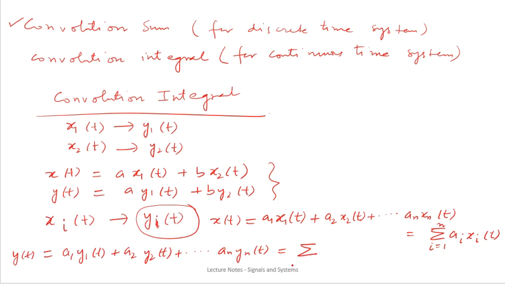It can also be represented as the summation, i equals 1 to n, of ai yi(t). This is the basic meaning of the linearity property which we discussed in the first unit. We have also discussed the shifting property of the impulse function.